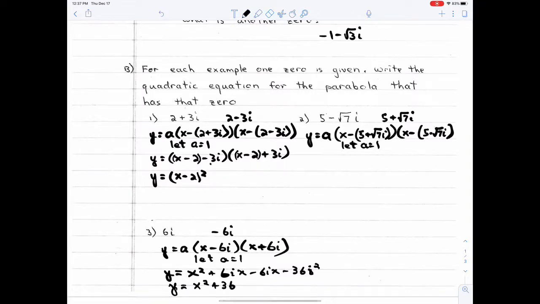And then I take these two and multiply, and we get minus 9i squared. Now, if you can get that much, the rest is cake. So we square this, and it becomes x squared minus 4x plus 4, and then plus 9, or y equals x squared minus 4x plus 13.